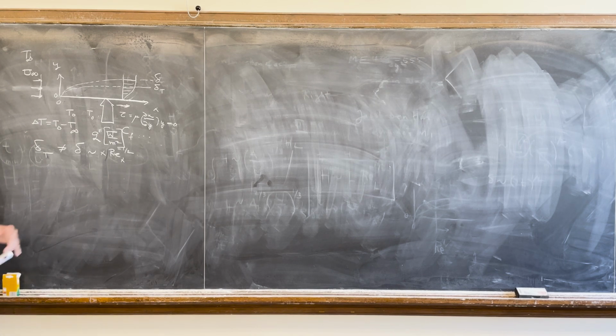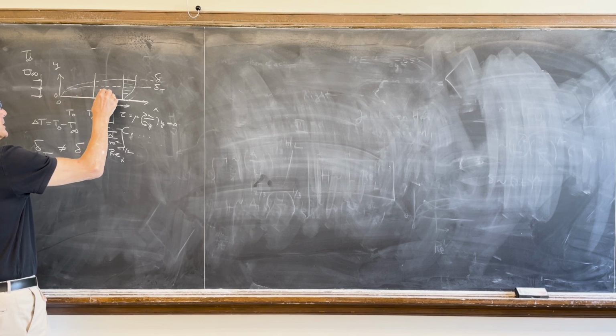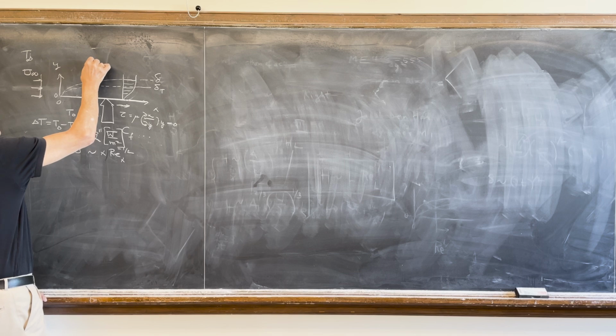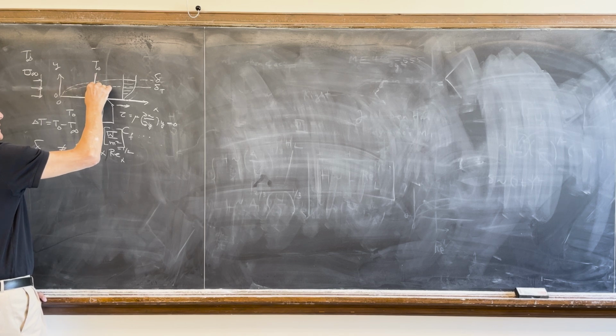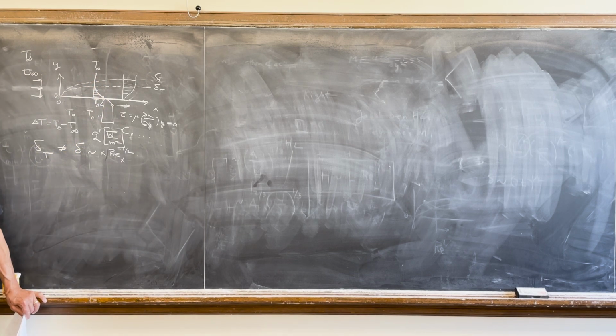And the heat flux, you can see now why the fluid is important. If I plot the distribution of temperature in the fluid, it is T infinity far away, it is T0 at the wall, and it is a distribution like this.